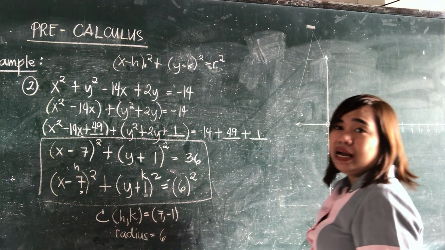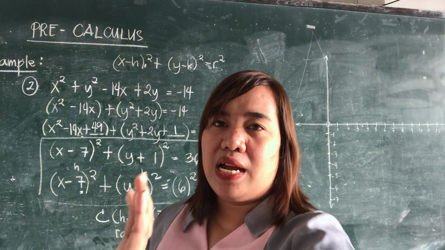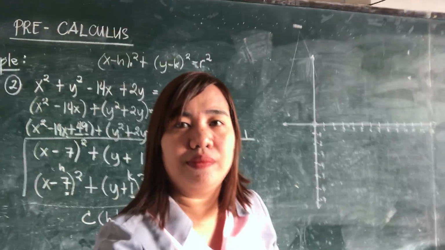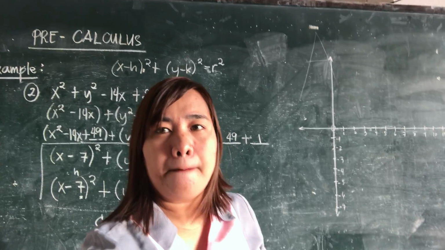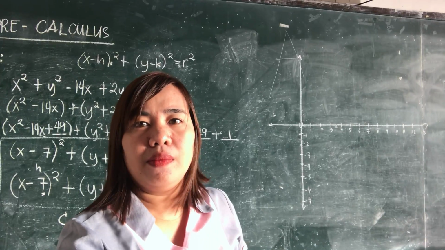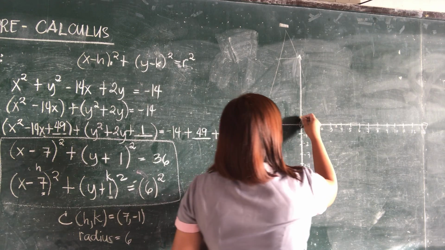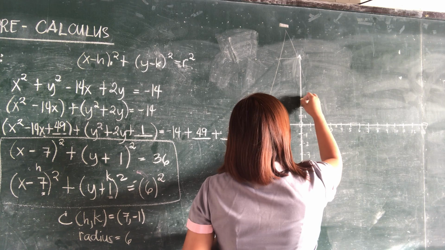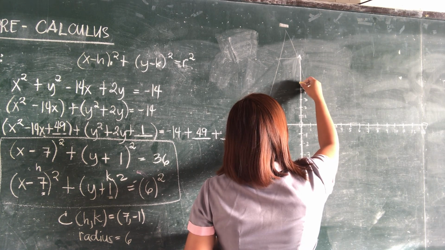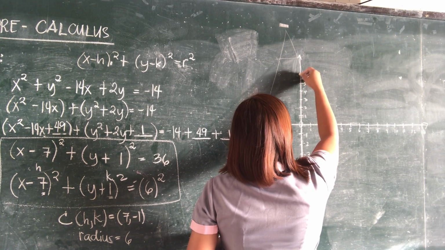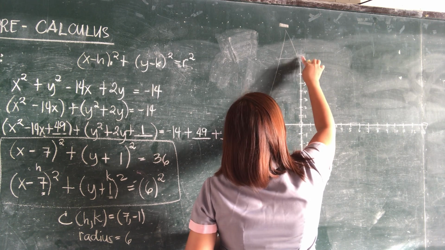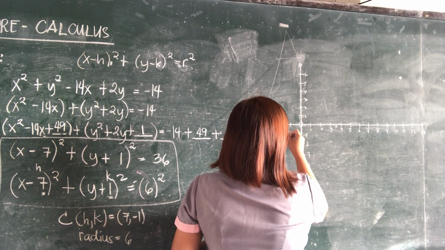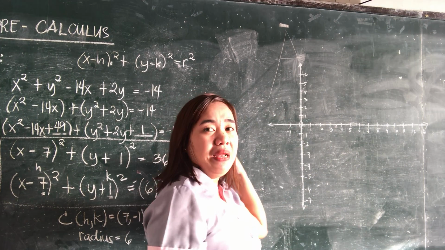Adjust na lang natin mamaya kung hindi siya kakasya. Okay, so adjust pa natin ng konti nang makita. Okay, so we have positive 1, 2, 3, 4, 5, 6, 7. Diyan lang yan, kasi 6 lang naman yung radius. Tapos we have negative 1. Okay, isa lang kasi babalik pa rin naman.